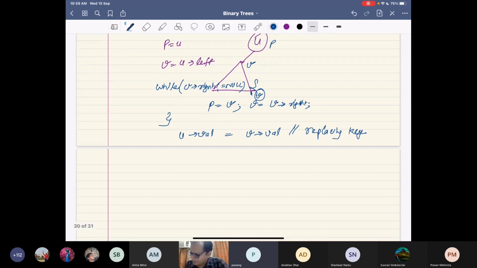Okay, if P is equal to U, P left is V left, because P is the parent of V. Else P right equals V left.